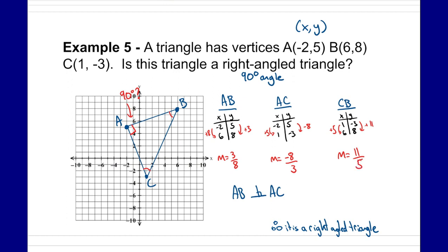So this does not match the other two, which is fine. It doesn't need to be. All you need are two lines that are perpendicular. You don't need the third one to be anything. It doesn't need to be parallel or perpendicular to the other ones.